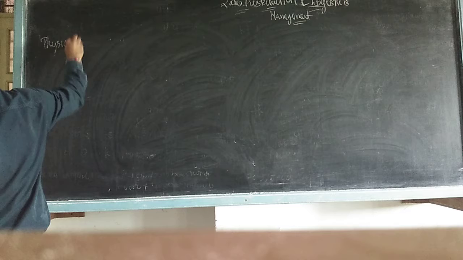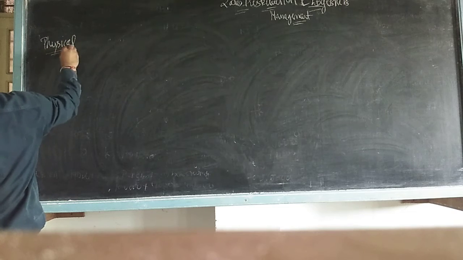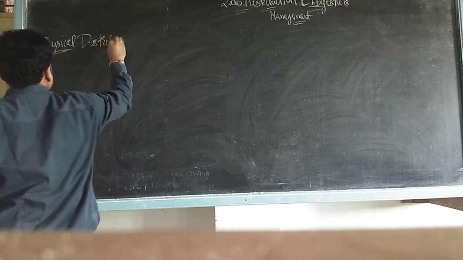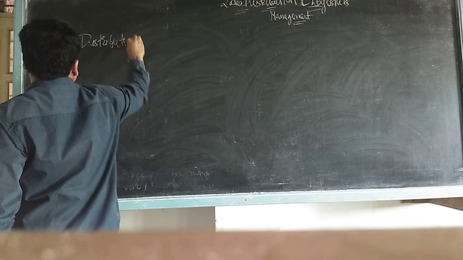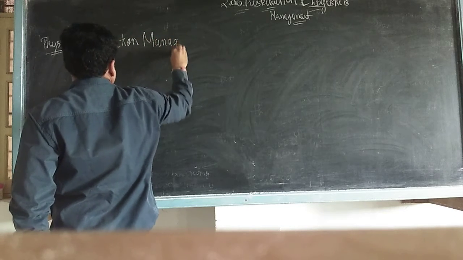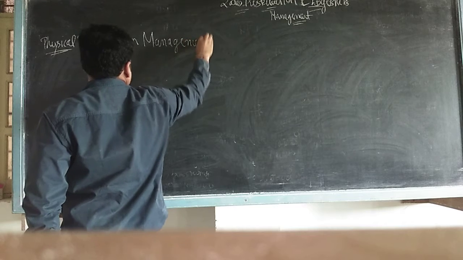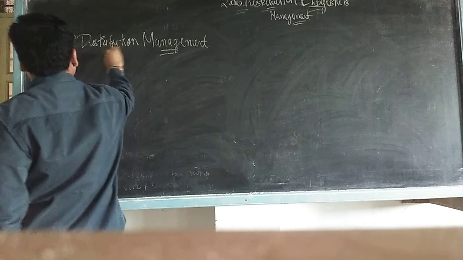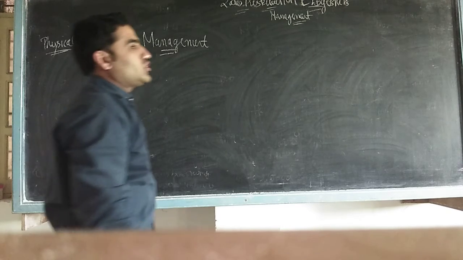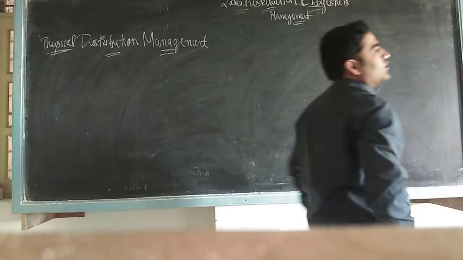वो अपन ने बात की थी चैनल्स ऑफ डिस्ट्रीब्यूशन, यहाँ पर है फिजिकल डिस्ट्रीब्यूशन. ओके, चैनल्स ऑफ डिस्ट्रीब्यूशन की अगर हम बात करें तो वो क्या थे, वो थे मार्केटिंग इंटरमीडिएट्स.